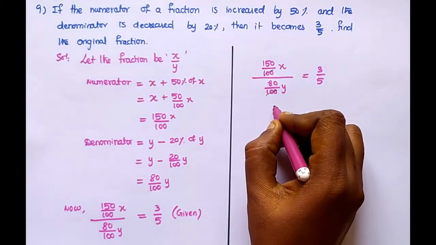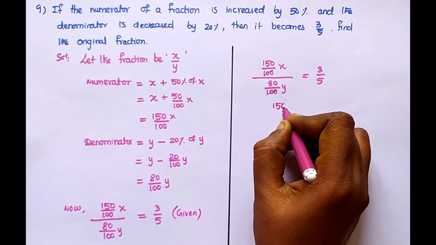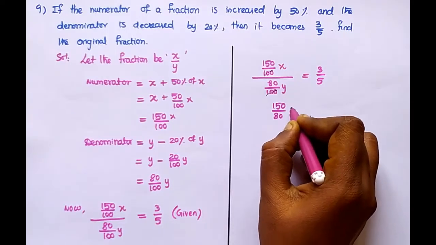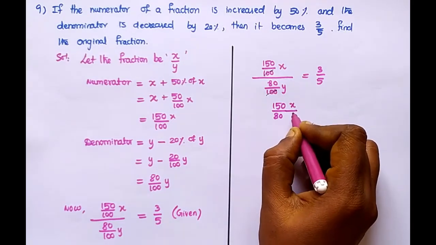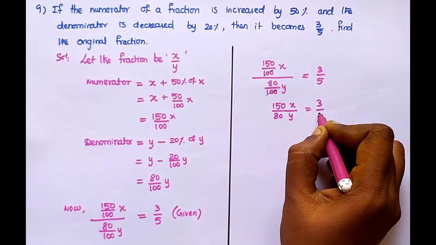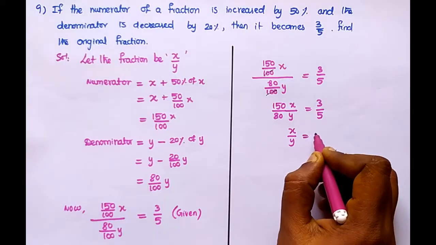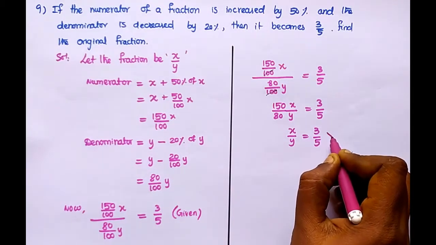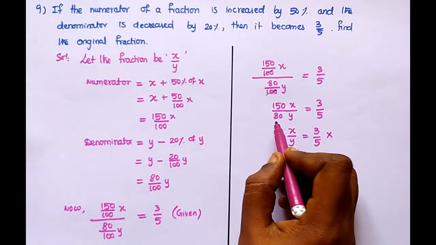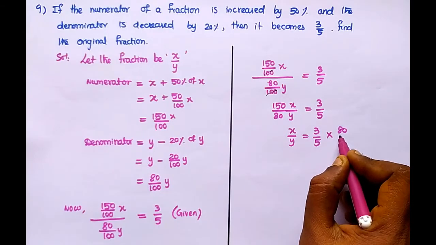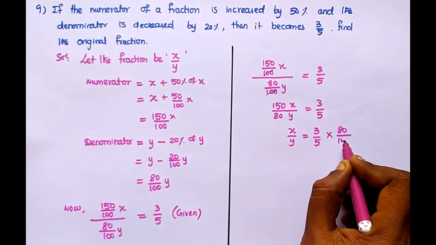So 150/80 times x/y equals 3/5. Now keep x/y on one side and 3/5 times, here 80 is in division, so bring it to the other side, which means multiplication, 150.